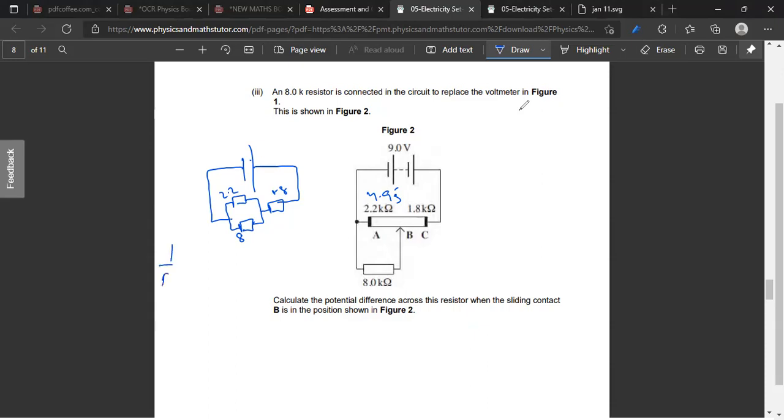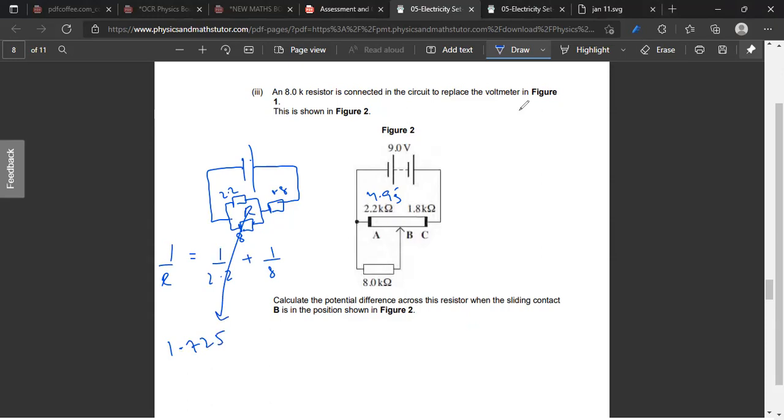So 1 over R is equal to 1 over 2.2 plus 1 over 8. The total resistance R comes out to be 1.725, and this is 1.8.